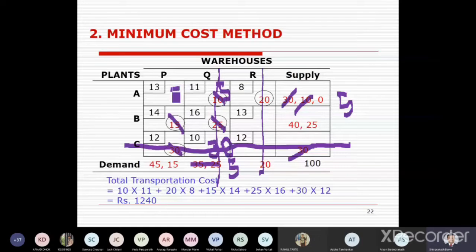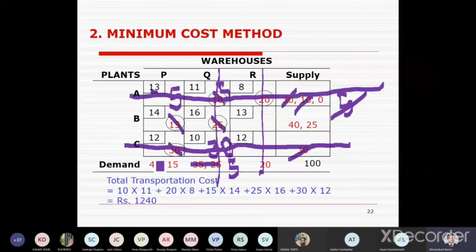Allocate 5 units here, and now this capacity of A is also over. Now 14 is balanced, and in this 14, the remaining units are 40. So allocate 40 directly here.